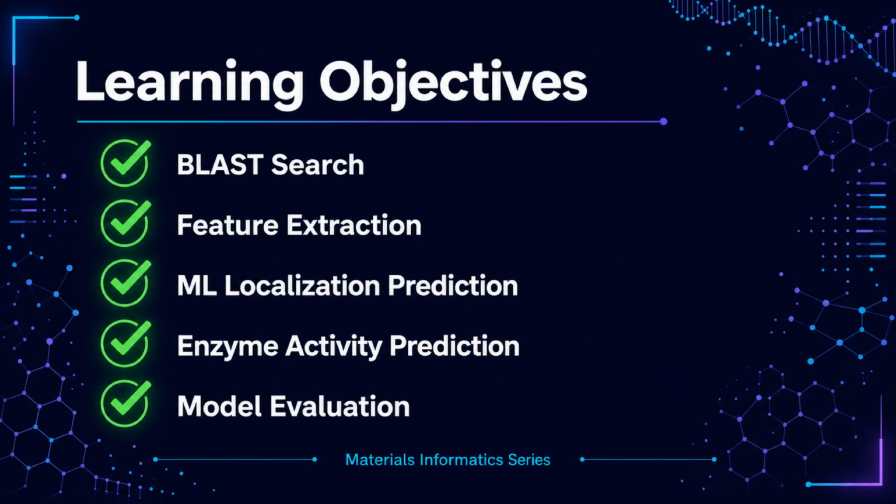By the end of this chapter, you'll be able to execute BLAST searches to discover homologous proteins, extract physicochemical features from amino acid sequences, predict protein localization and function using machine learning models, predict enzyme activity using random forest and LightGBM, and evaluate and improve model performance.